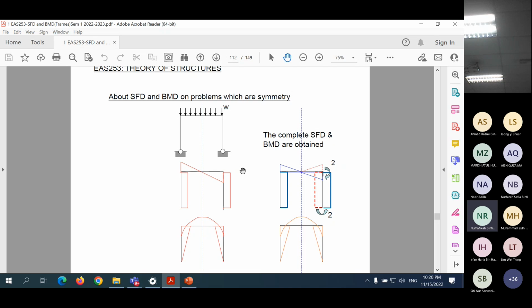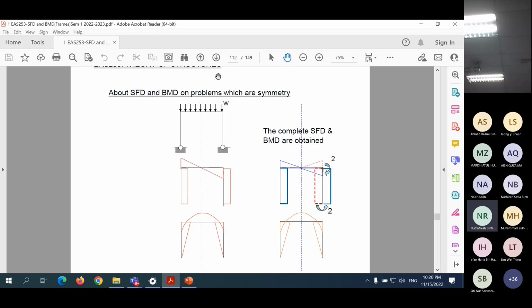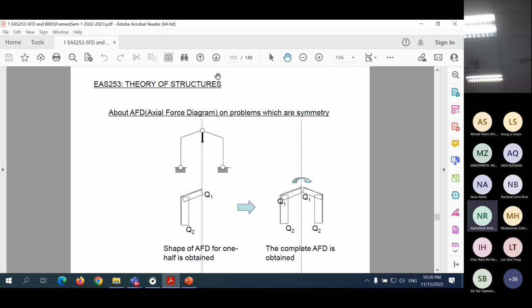So this is taking advantage of the characteristics of the shape of the shear force diagram and bending moment diagram for problems which are symmetry. The axial force diagram is the same as the case for bending moment.